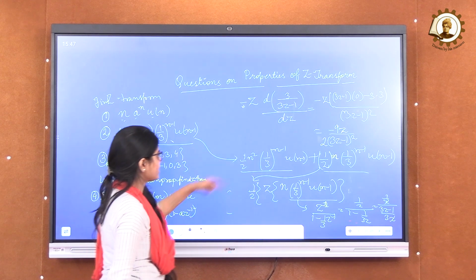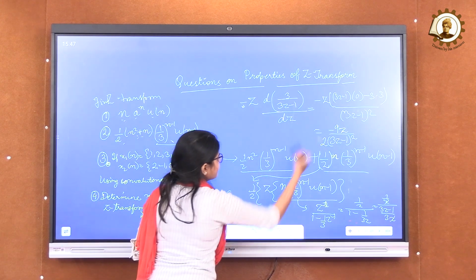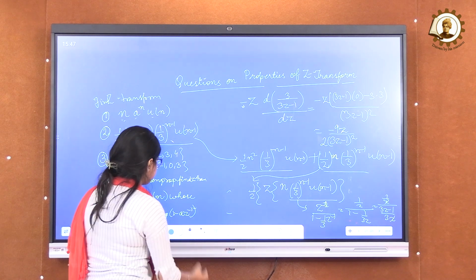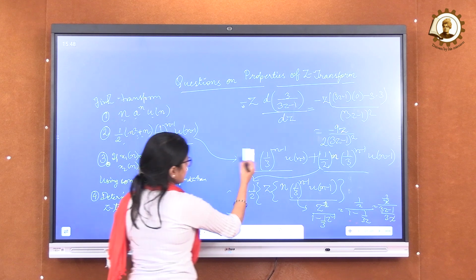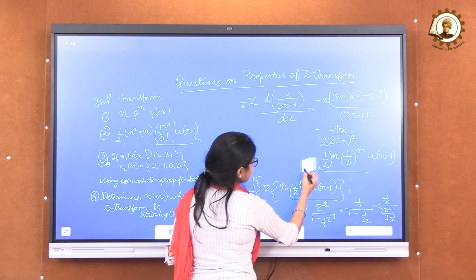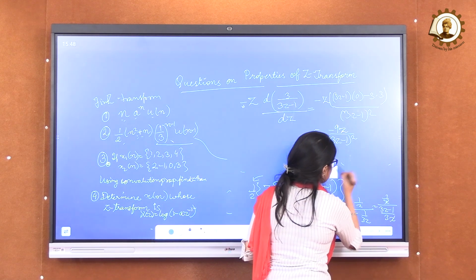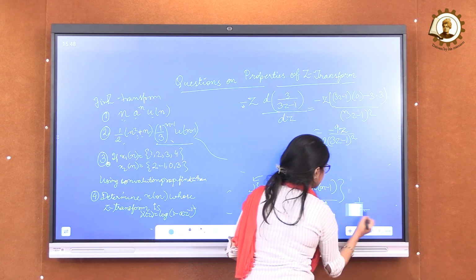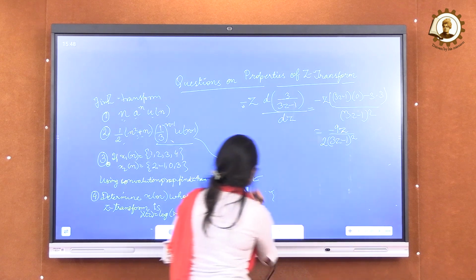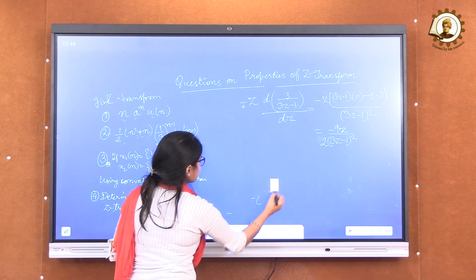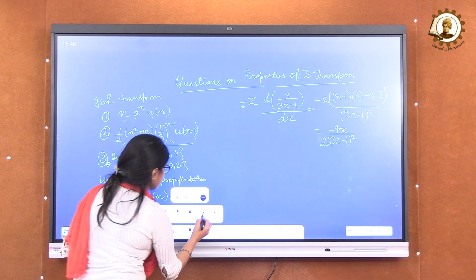Now if you want to find the Z transform of this one, then you will have to differentiate this part also, right? Because here it is half n square. Now let us do this portion. See, we have already written this portion. This part I will rewrite over here.